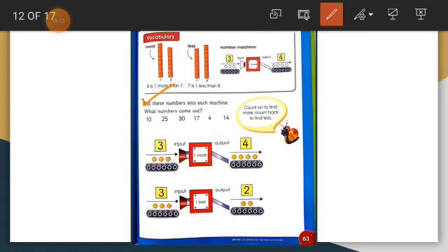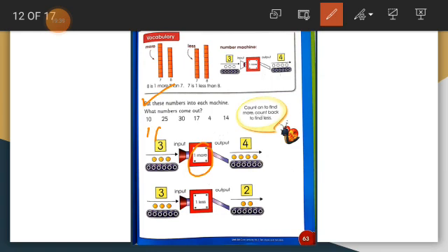Put these numbers into the machine. What numbers come out? If we put the 10 in this machine, 1 more than 10 means you add 1 to 10. What will be the answer? 11. Very good. 10 plus 1 makes 11.